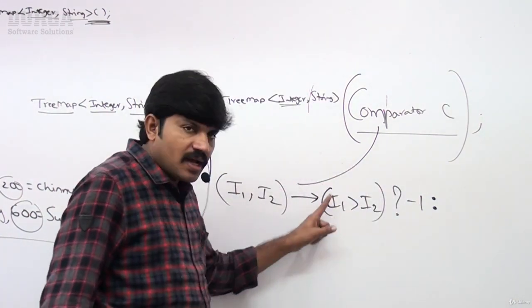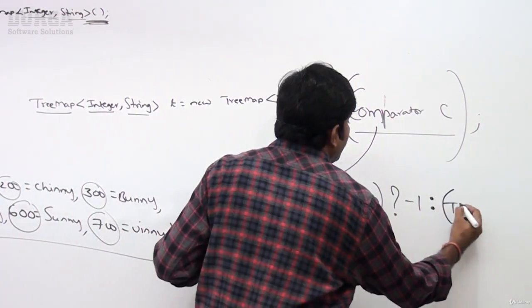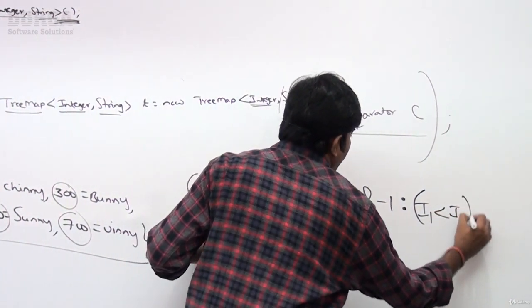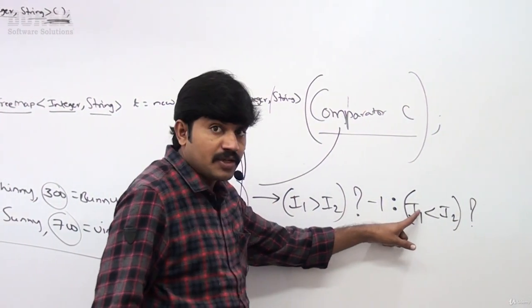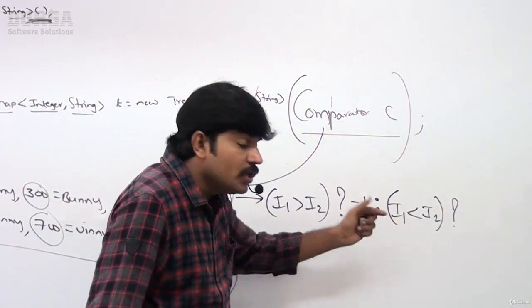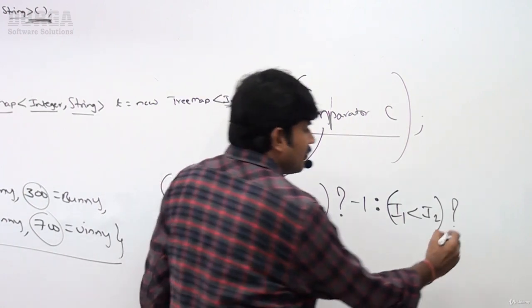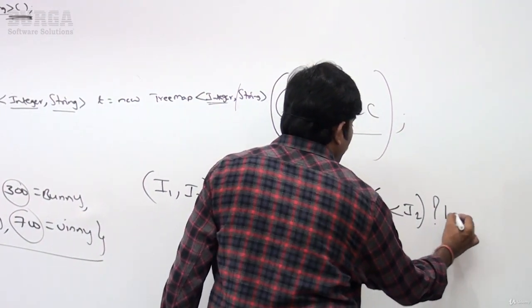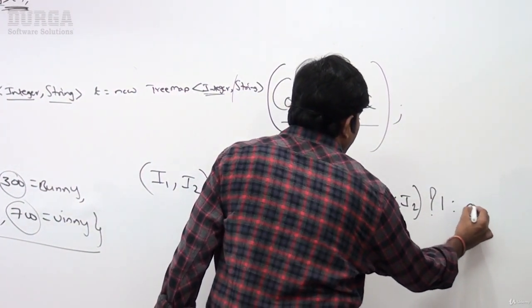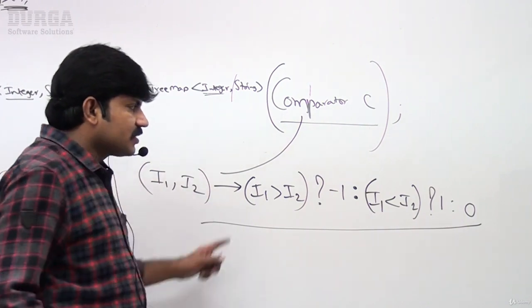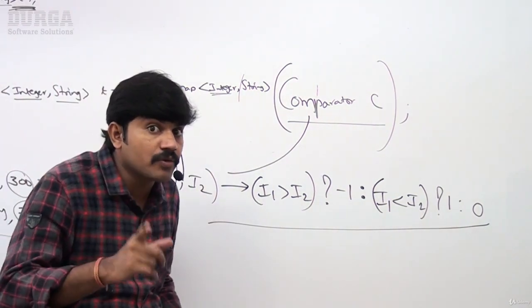If this is not greater, then I1 less than I2. If I1 less than I2, the smaller value should come after, so after means a positive 1, otherwise 0.